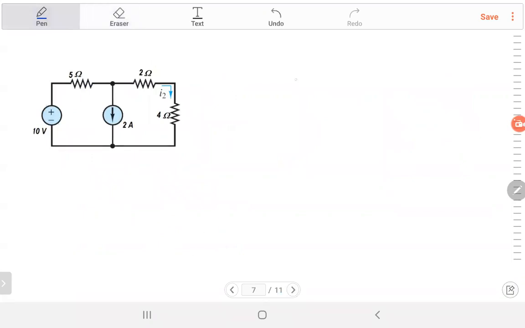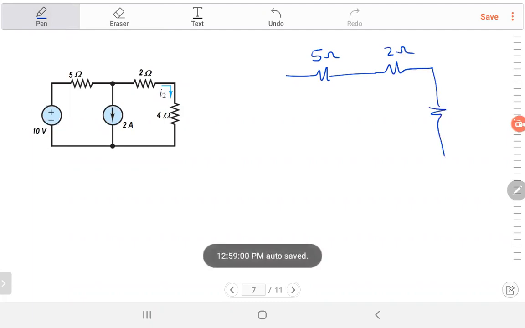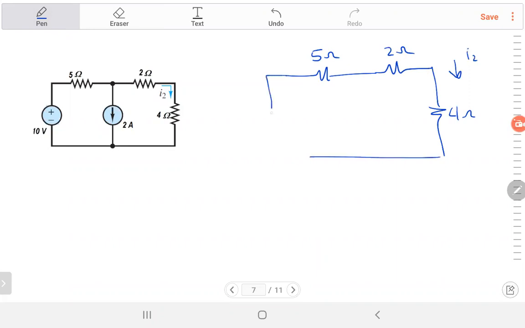I will sketch the circuit again, and just put I2 to remember the direction. That's the voltage source, and that's the current source. Now I want to kill the voltage source.